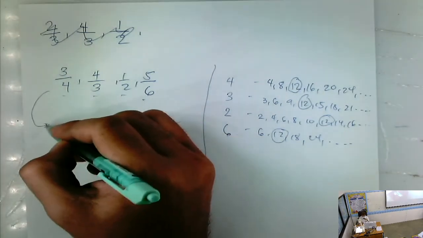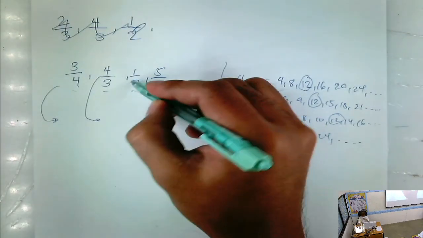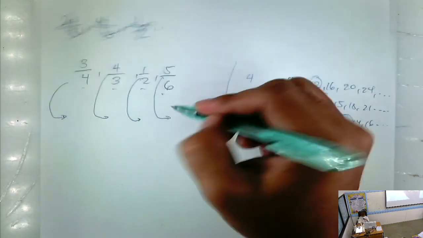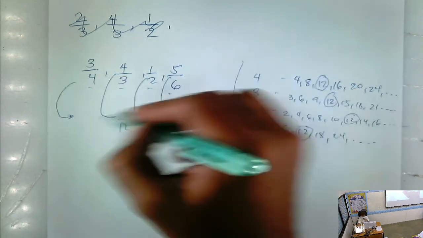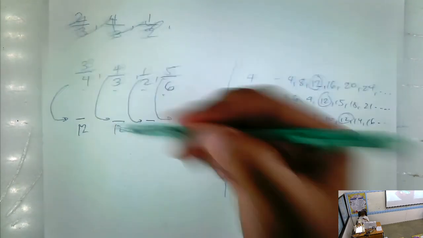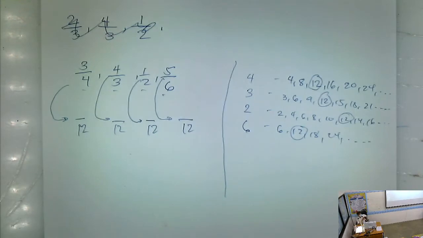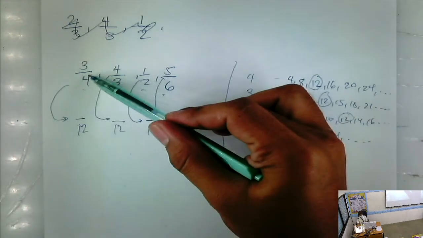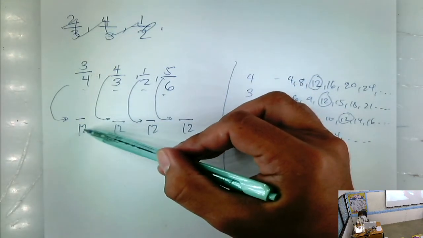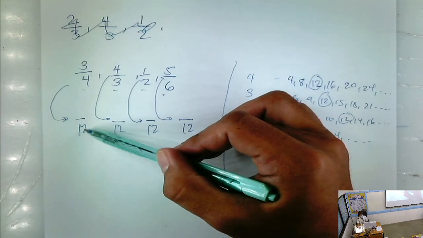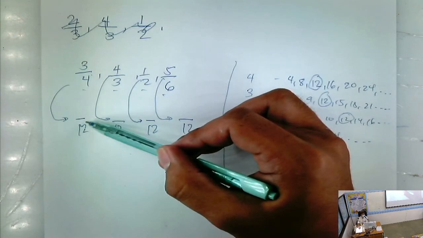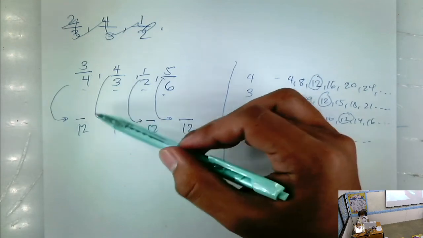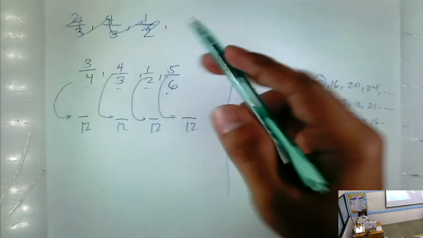Meaning we are going to make all of these fractions equivalent fractions in which the denominator is 12. So, if we have 3 over 4 here and we want the equivalent fraction with the denominator 12, what would be the numerator? 12 divided by 4 is 3, right?